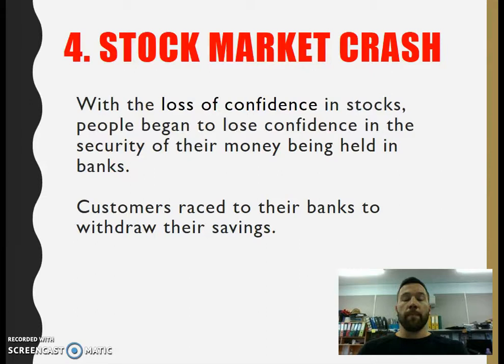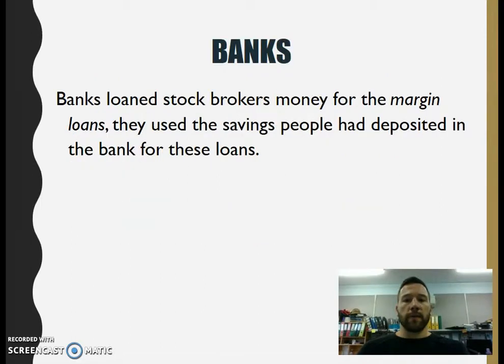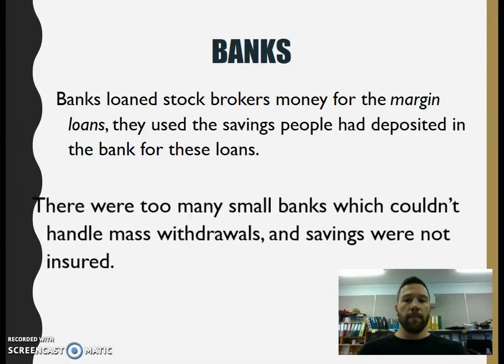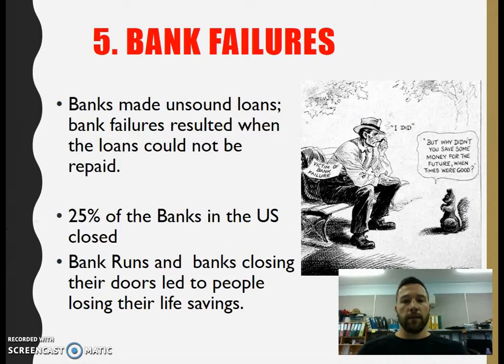And lots of banks started to collapse because they couldn't deal with the amount of money and how quickly people wanted to withdraw their savings, and so these small banks, which were independent companies, collapsed and weren't able to give people their money back, which caused huge issues. This is why these banks failed. They weren't insured, and when people needed their money back out, they had to close their doors.